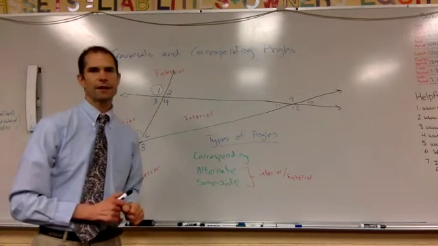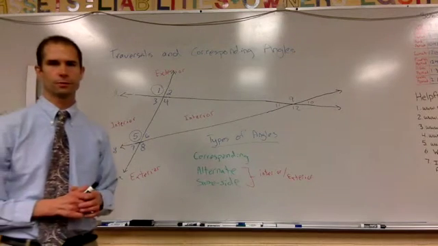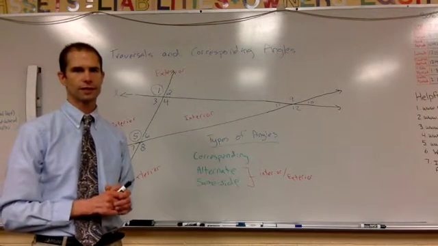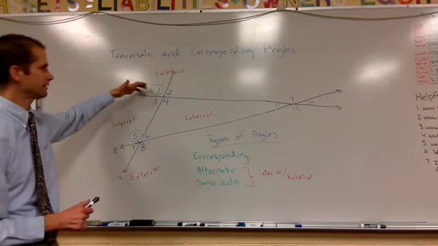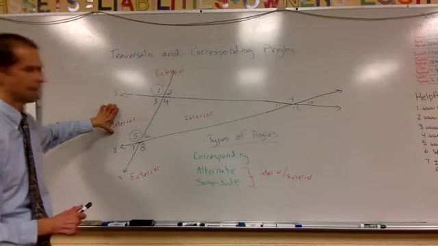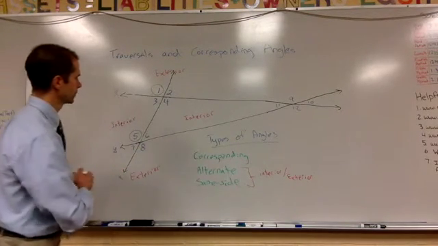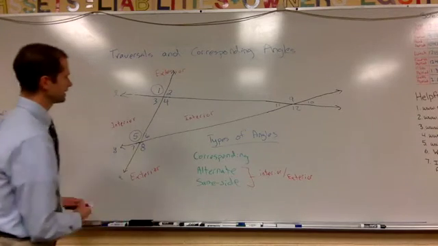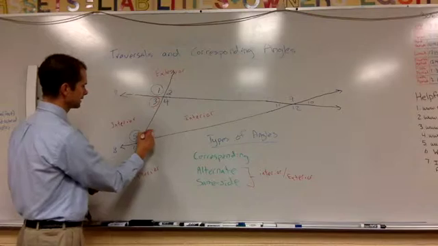The next type of angle is alternate angles, and alternate angles come in 2 forms: interior alternate and exterior alternate. Interior, just what it says, are on the inside of our two lines. Alternate means that they are on opposite sides of the traversal. So for an interior alternate angle, an example would be 3 and 6.